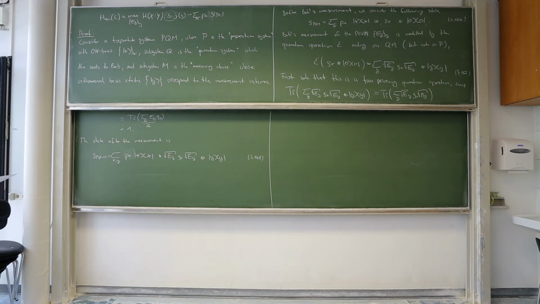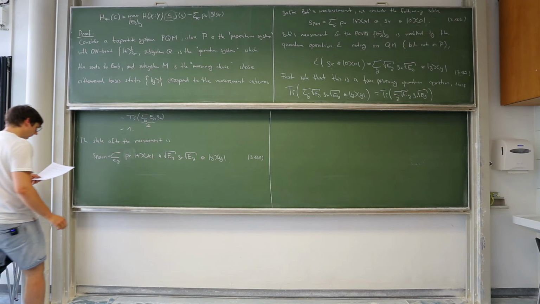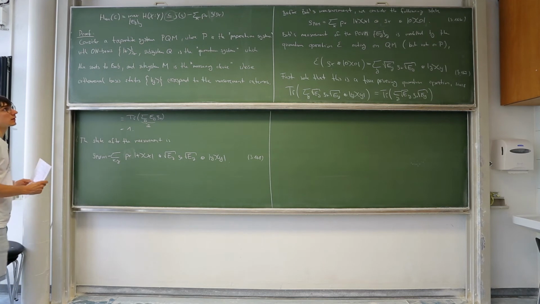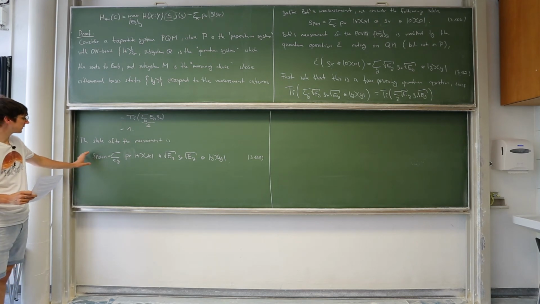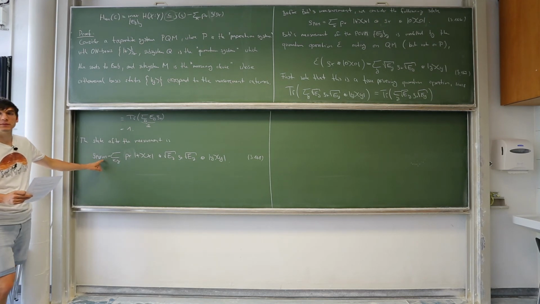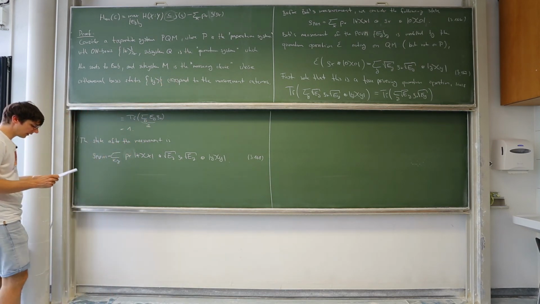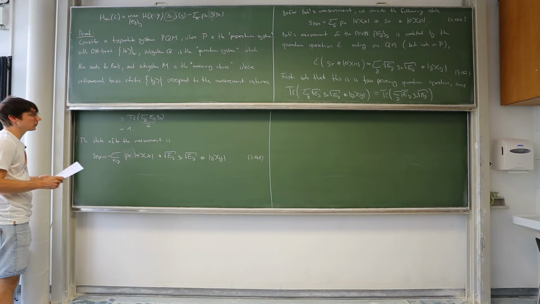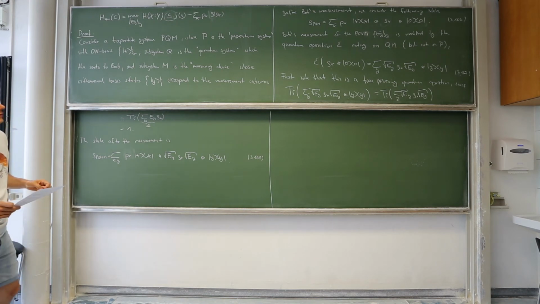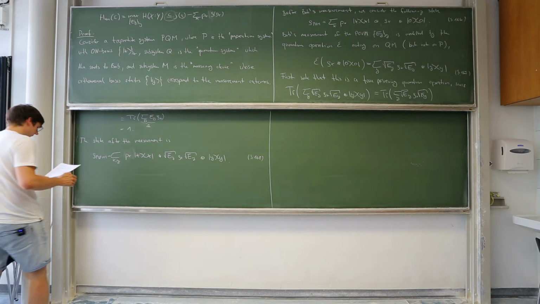So what we're going to do next is take a look at some mutual informations. What's important now is that we have the state after the measurement and the state before the measurement, right? And we start by considering the mutual information between the subsystem P and Q before the measurement.